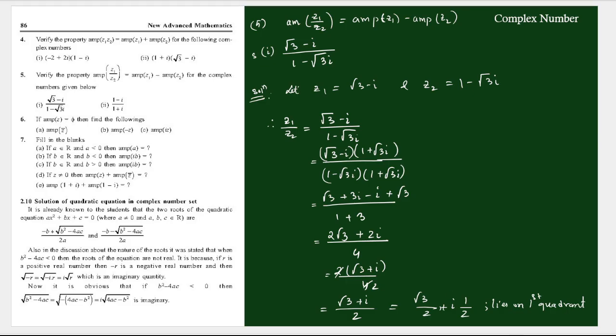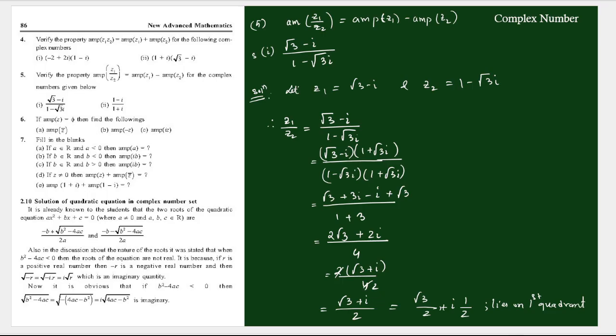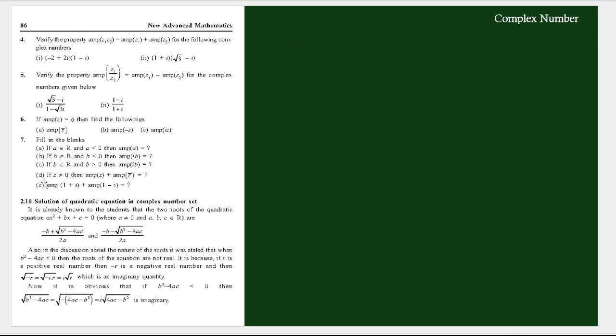Then let theta be the amplitude. है ना, let theta be the amplitude.